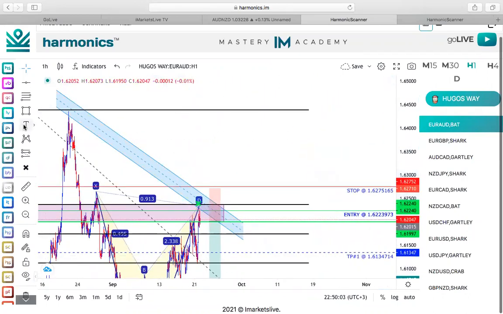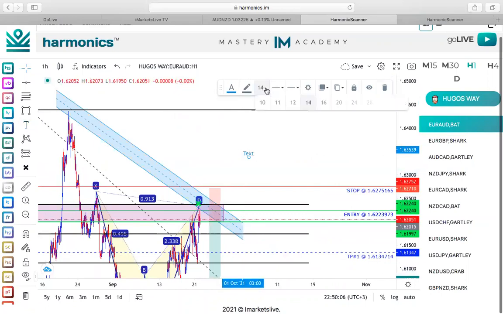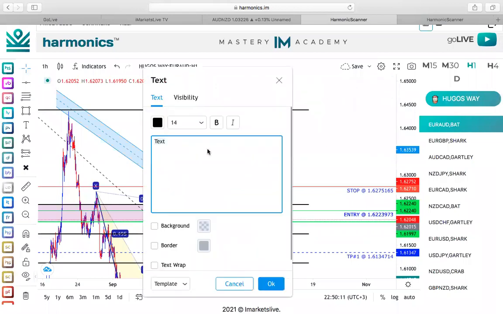All right, so this is literally EUR/AUD sell position. Entry level, when market closes past 1.61997.